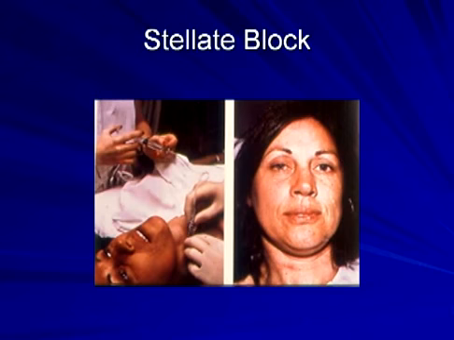Unstable angina, not controlled medically, has been treated with neuraxial spinal cord stimulation as well. So it's interesting that the spinal cord stimulation may turn off your afferent input from your cardiac afferents and efferents.